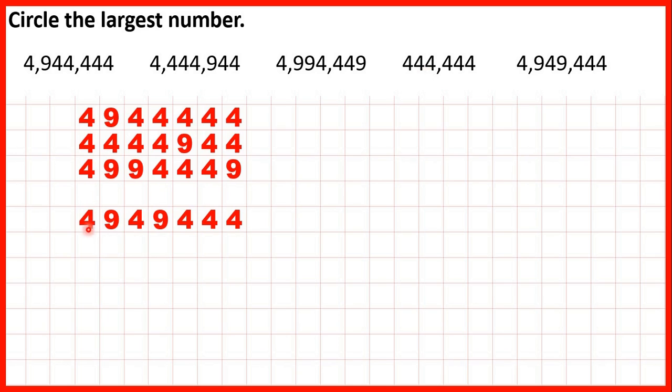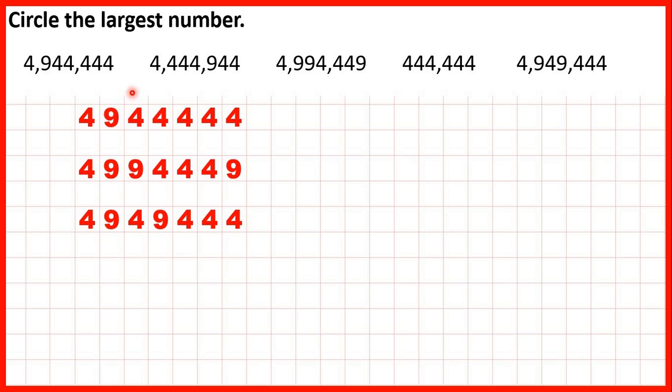Now, all of our other numbers have 4 as the millions digit, so we can look across to the hundred thousands. 3 numbers have 9 as the hundred thousands digit, but this number only has a 4, so this will be next smallest. So now, all of the numbers that we have left have 4 in the millions and 9 in the hundred thousands.